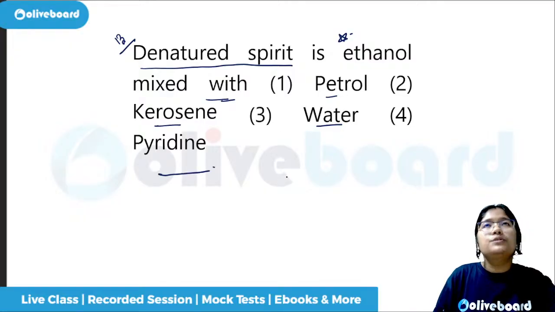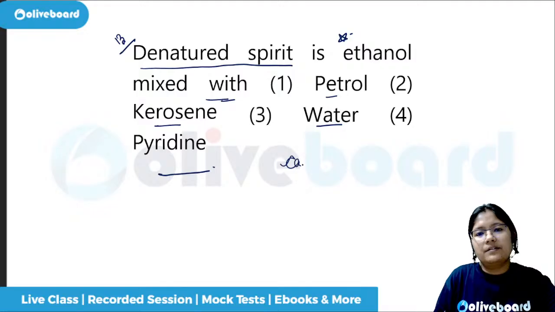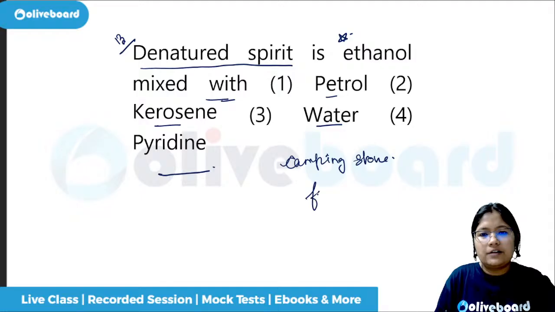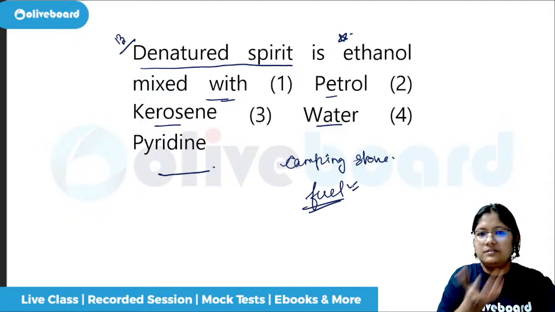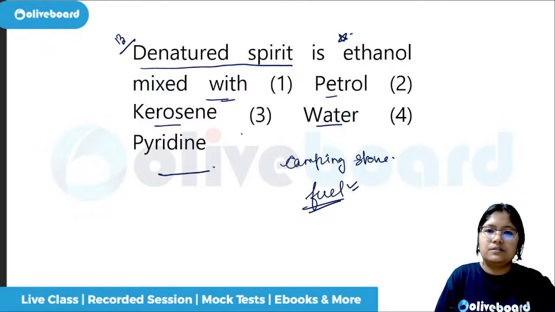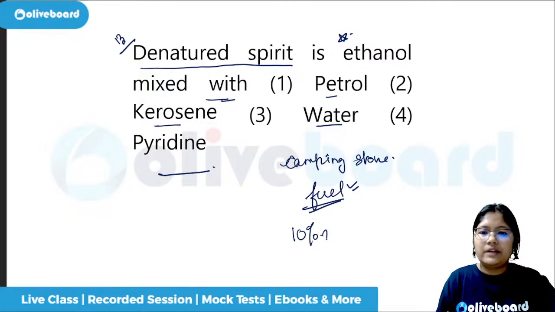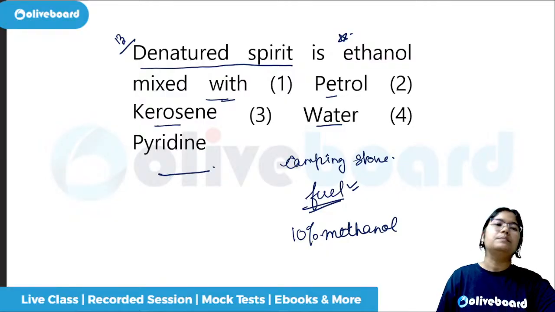These are used in, say, camping stoves. So it is used as a fuel. It is not the drinking spirit. It is different from the spirit used for cuts or injections. Normally, if you have 10% methanol, then the answer here will be 10% methanol.